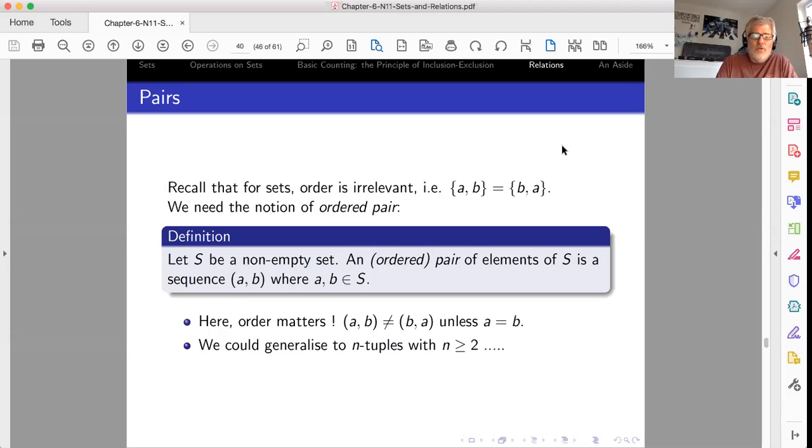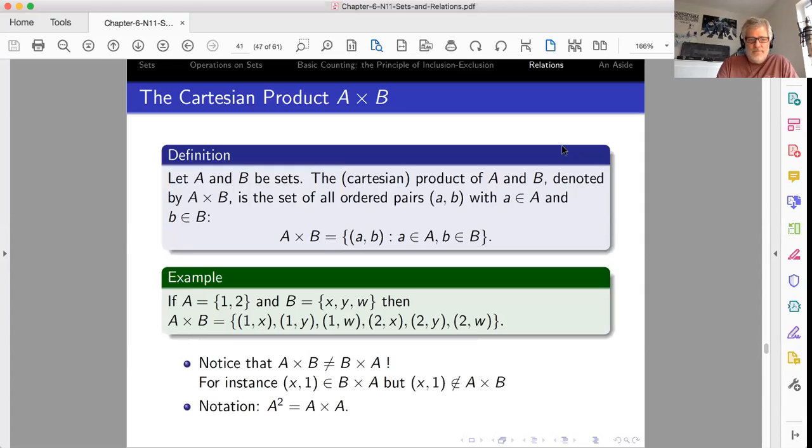So an ordered pair of elements from a set S is a sequence of two elements A and B from S, and we use those normal round brackets to indicate that the order matters. So the pair AB and the pair BA are different. You could do this for 2, for 3, for 5, for 1 million. We'll mostly look at 2 and 3. So these are ordered pairs.